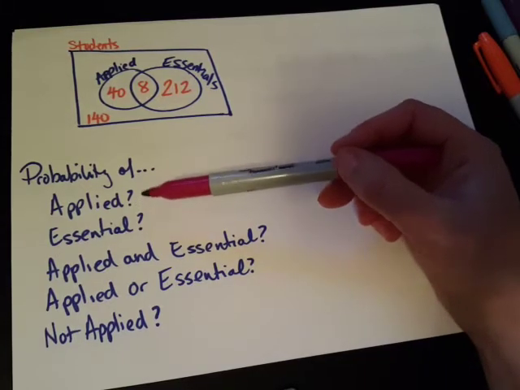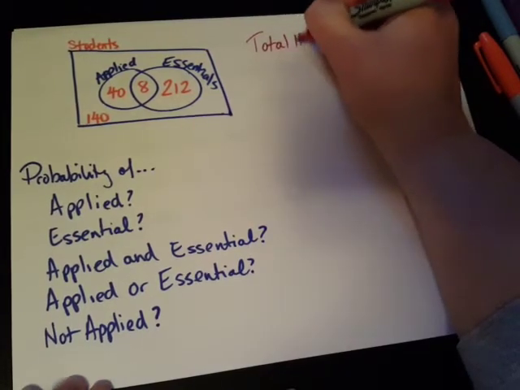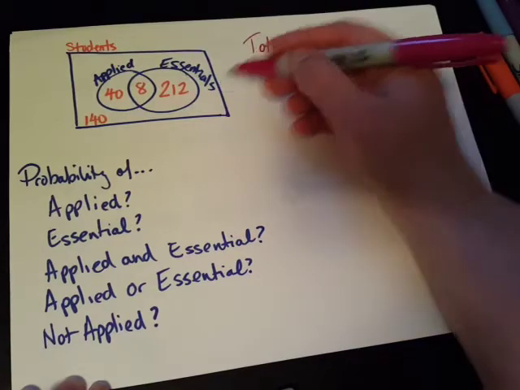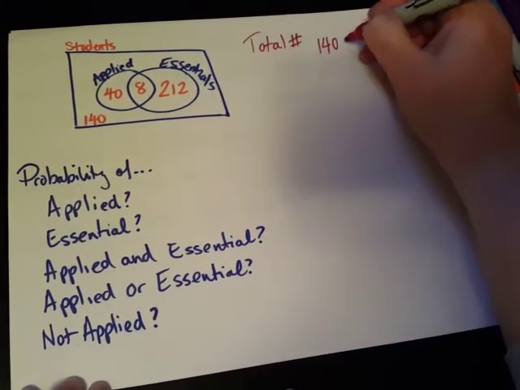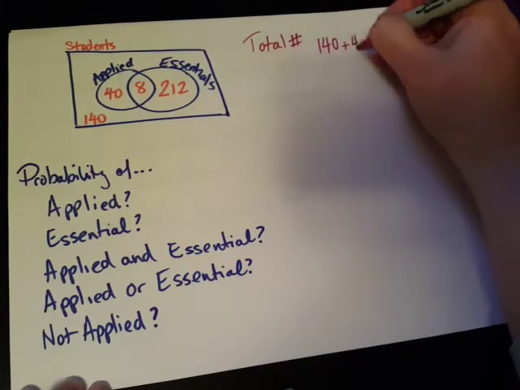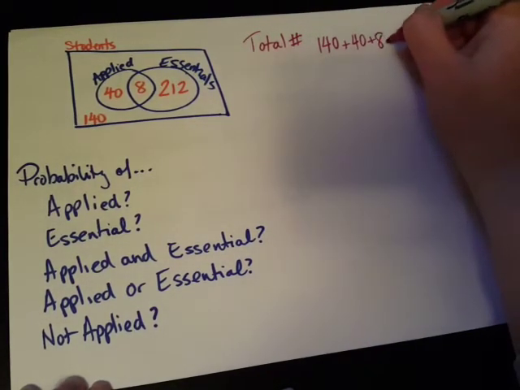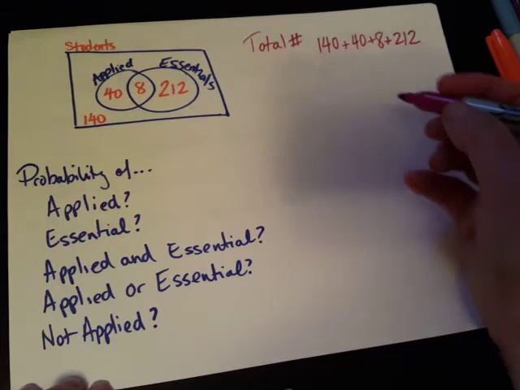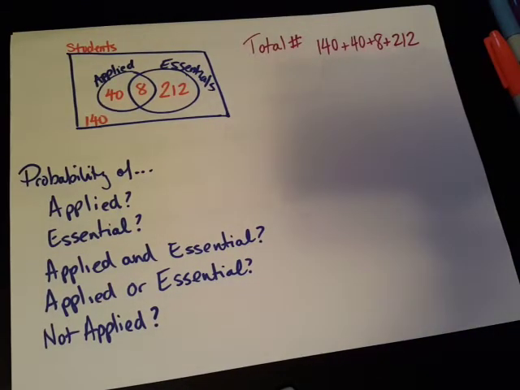Well, first of all, we should probably find our total number of students. So let's add together all of our numbers. So there's 140 that don't take those math classes, 40 that are only in applied, 8 that are in both, and 212 that are in essentials. And I'm hoping that this adds up to 400. I should double check.